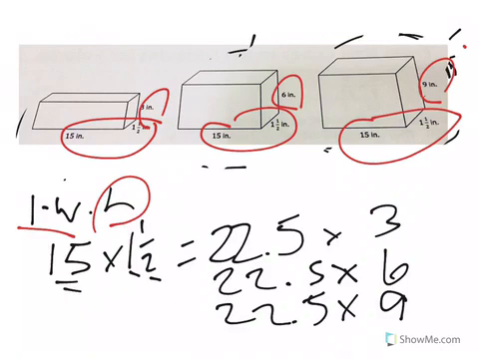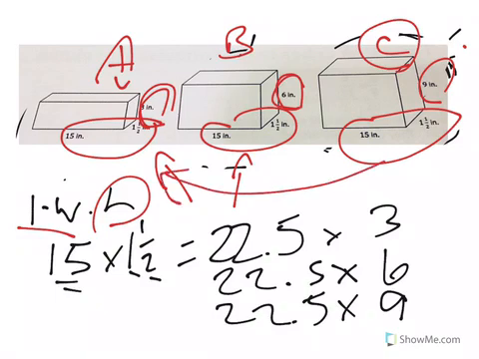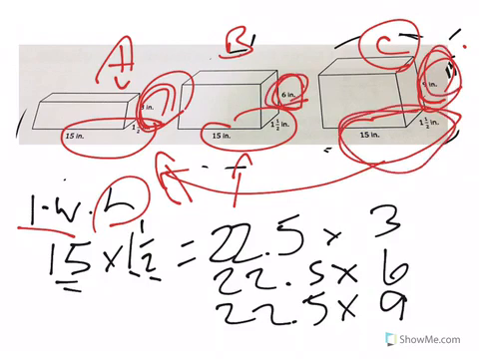Let's call this A, let's call this B, and call this C. The volume of B is twice as much as the volume of A, because it's twice as tall. C is 3 times as much as A, because 9 is 3 times taller than 3. So you can compare the volume of all the boxes just by looking at the height, because they have the same area of the base.